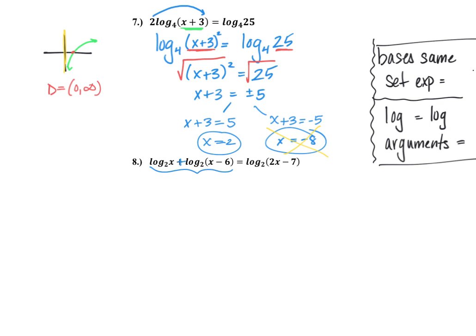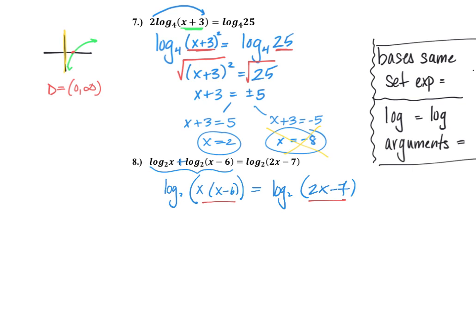So that means I have log base 2 of x times the binomial x minus 6, and that's going to be equal to log base 2 of 2x minus 7. Now, if I have two logs with the same bases that are equal, the only way that makes sense is that the arguments are equal as well.